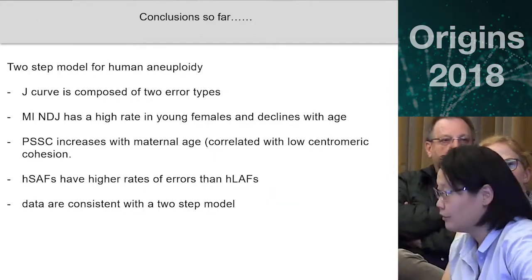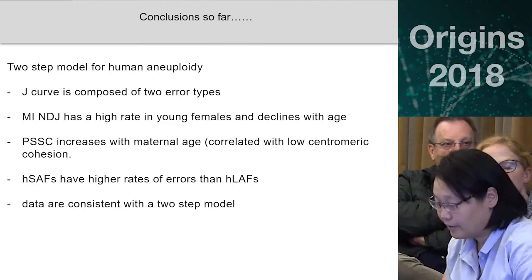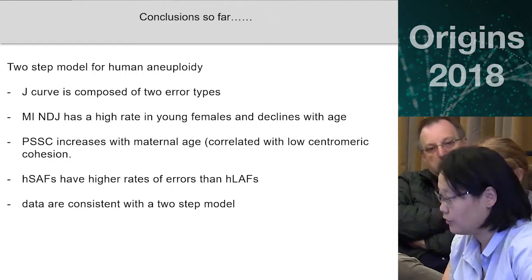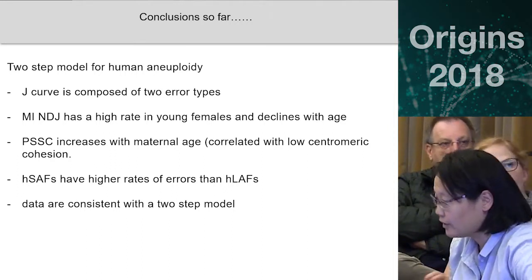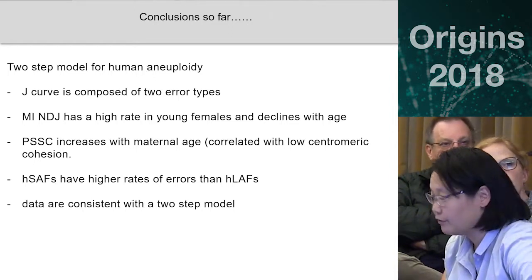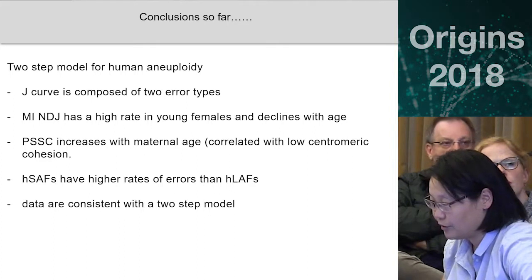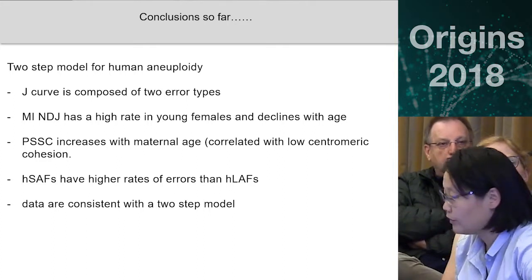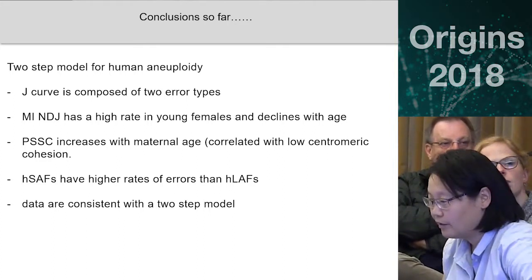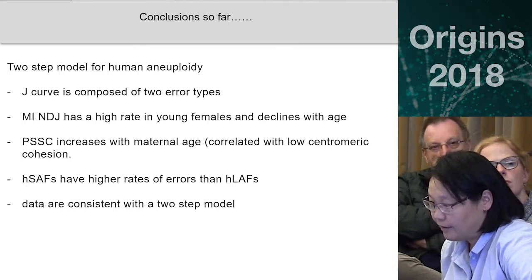So I think the conclusions and where we are so far with the study is really that we're breaking the J curve into two error types and two curves. M1 non-disjunction, which has a high rate in young females and seems to decline with age, and PSSC, which increases with maternal age and appears to be correlated with the low centromere cohesion that our models from the meiosis field would predict.